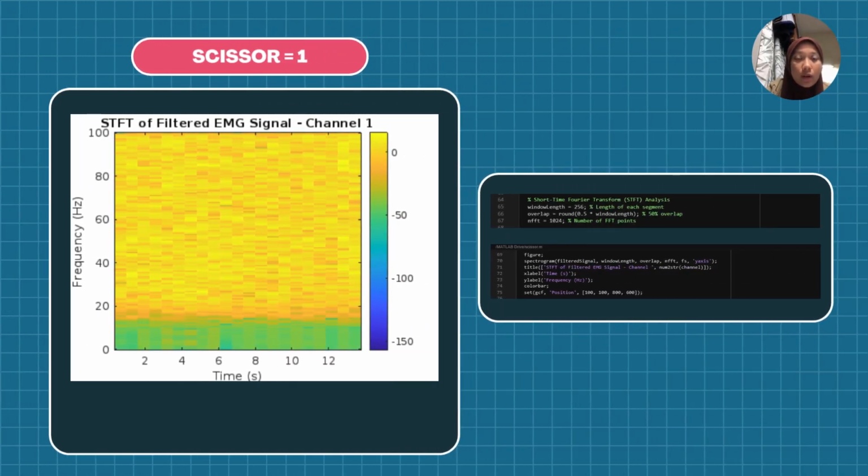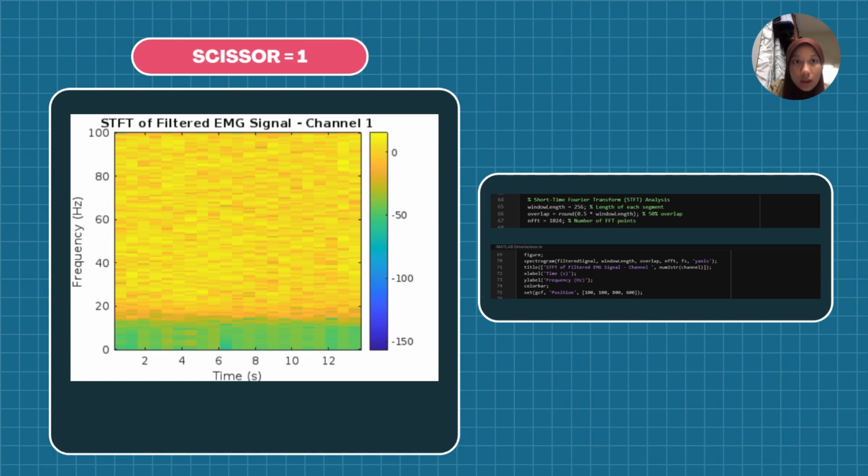This is the script used for computing the STFT of the filtered EMG signal. The code follows these steps. The first one is to define the parameters, which are the segment length, overlap percentage, and also the FFT points.